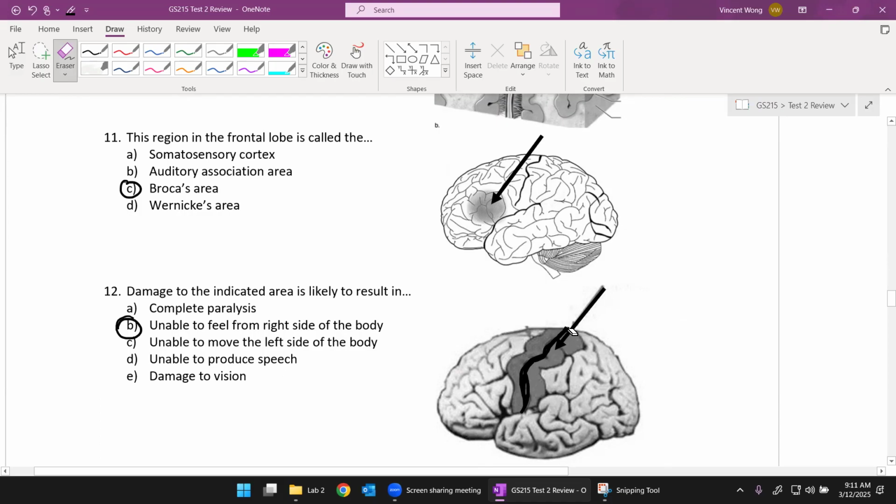Because the arrow is only pointing at this piece, not at the other one as well. I guess I can understand why it could be confusing because it looks like I'm highlighting the whole thing, but don't worry, on the test it'll be clear. On the test, either only the back one is highlighted or the front one is highlighted. It's not going to appear like that.